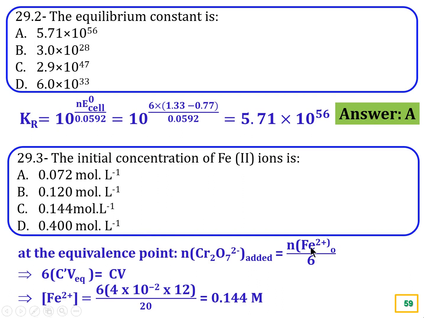At equivalence point, all Fe2+ has been reacted, so the number of moles of dichromate added is equal to the number of moles of Fe2+ initial divided by 6. 6 times C' V equivalence equals CV, and we calculated the concentration of Fe2+ equal to 0.14 molar. So the correct answer is C.